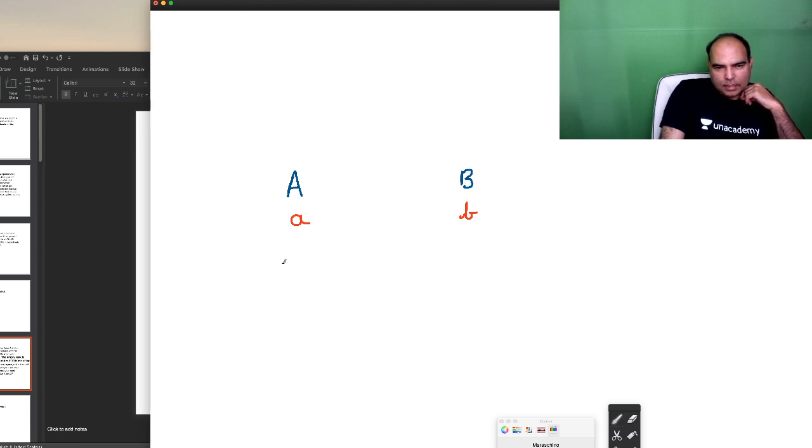So 10A plus 45B for 30 minutes. This will be the amount of water filled in the vessel.